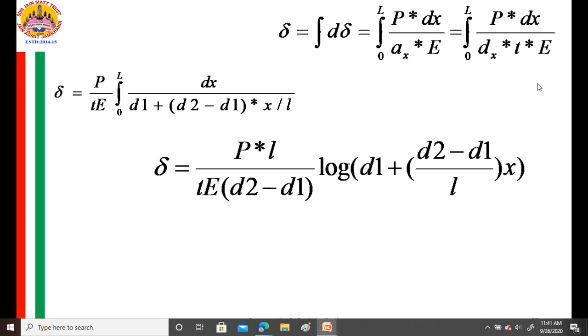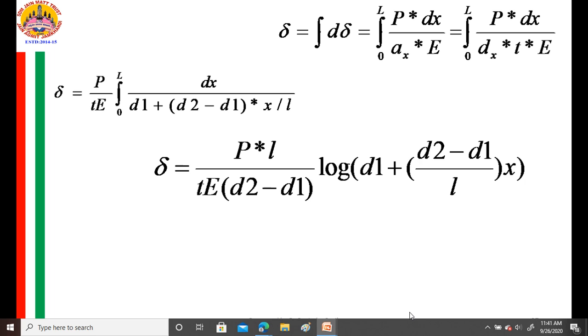Delta is equal to P into L divided by T (d2 minus d1), and the integration of 1 divided by x is log of x. In place of x we are having d subscript x. Afterwards I need to differentiate this and divide it, so that you will get delta.